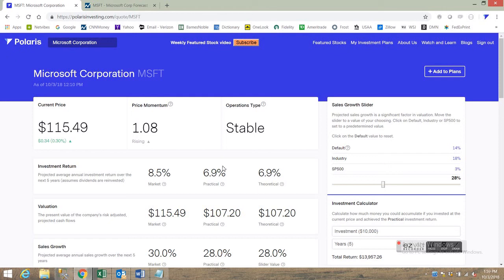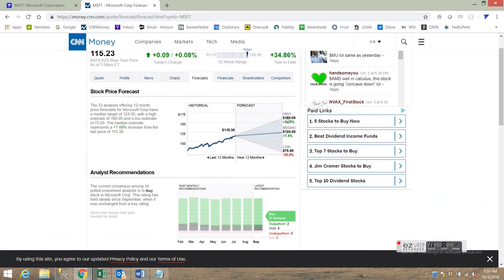We end up with a practical investment return of 6.9%. So all things considered, we've had very good momentum in the price. In fact, we've seen that in the charts. The Microsoft stock has moved up quite a bit.